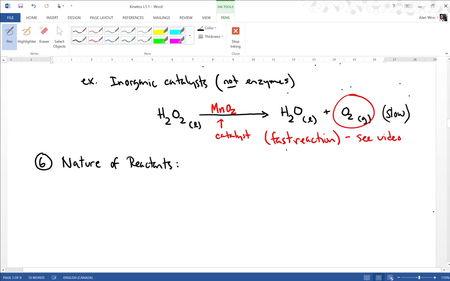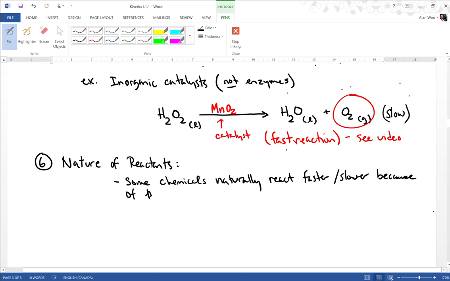Okay, and all this simply means is some chemicals naturally react faster or slower because of their chemical properties.